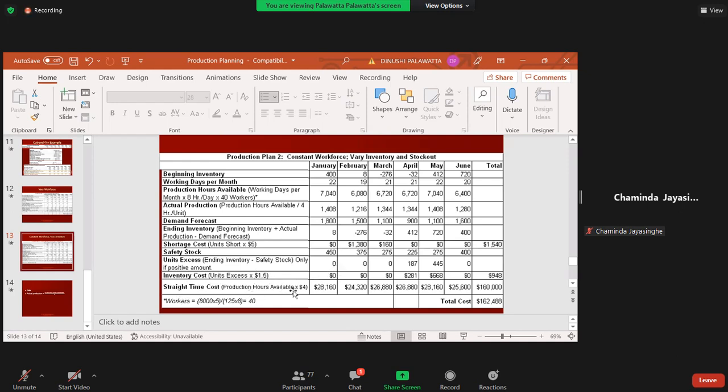Straight time cost is production hours available, 7,040 multiplied by 4, which is 28,160, so it's correct.